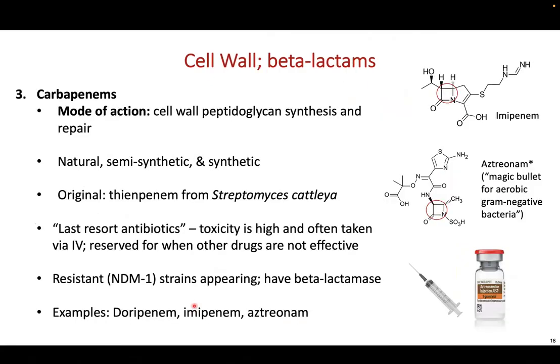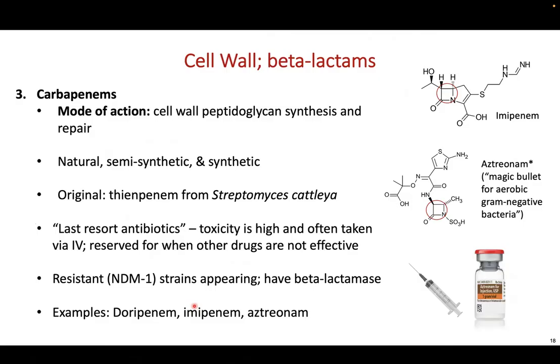And the last group is carbapenems, and the mode of action is to also target the same cell wall peptidoglycan synthesis and repair. We have natural, semi-synthetic, and then synthetic forms of these antibiotics. Originally, they were discovered from streptomycin, and this is more of a last resort antibiotic due to its high toxicity, often taken through IV, and reserved for when other drugs are not effective.